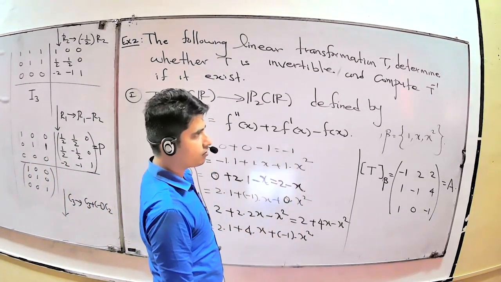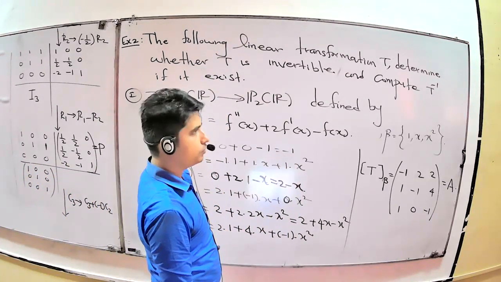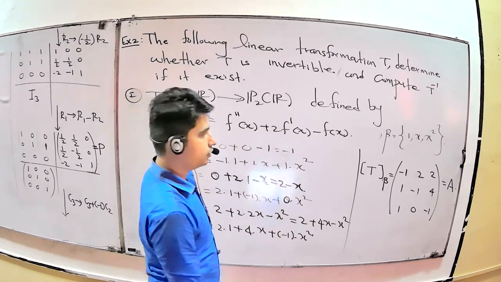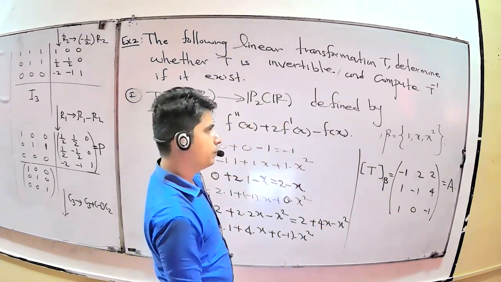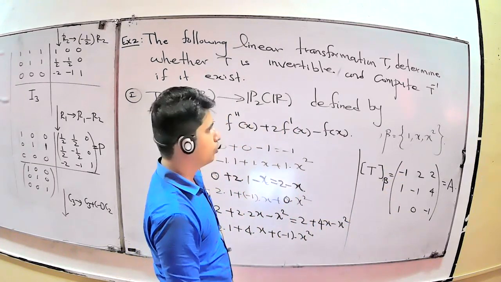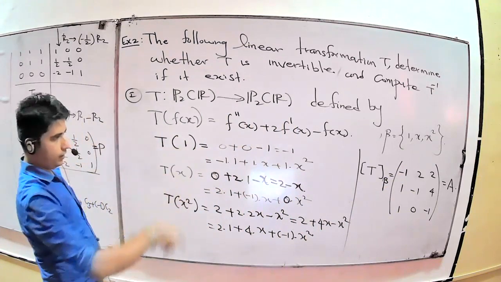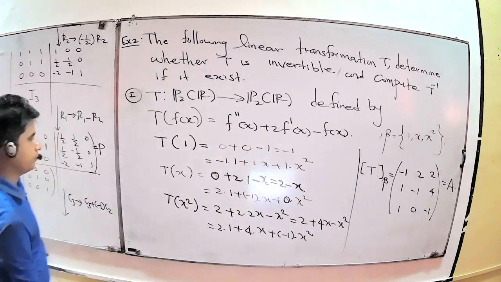If the rank is 3, then T is invertible. If the rank is 2, it is not invertible. By the theorem, rank of A equal to 3 means A is invertible; rank of A less than 3 means it is not an invertible matrix. Now first you want to find the inverse matrix for A.